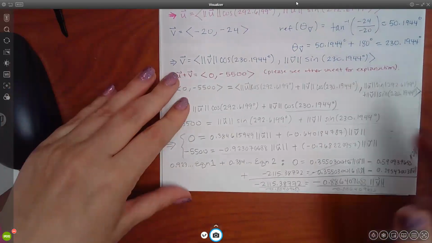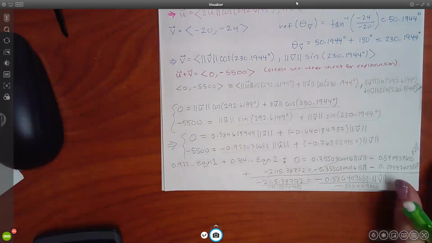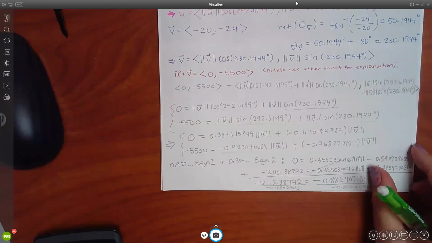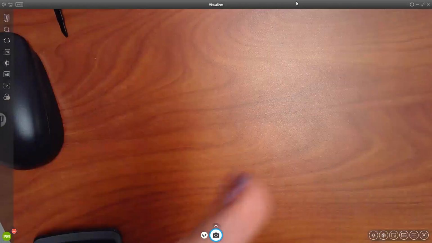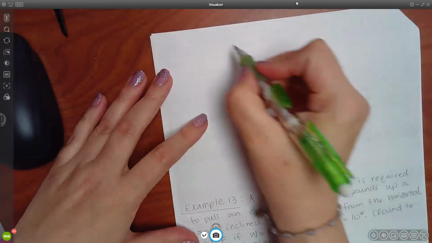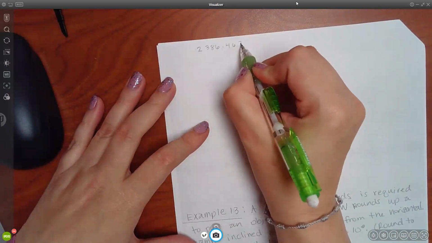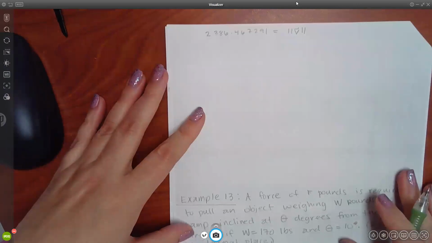And so I'm going to flip the page in a second. If I divide, I get 2386.467291 and the magnitude of V all by itself.